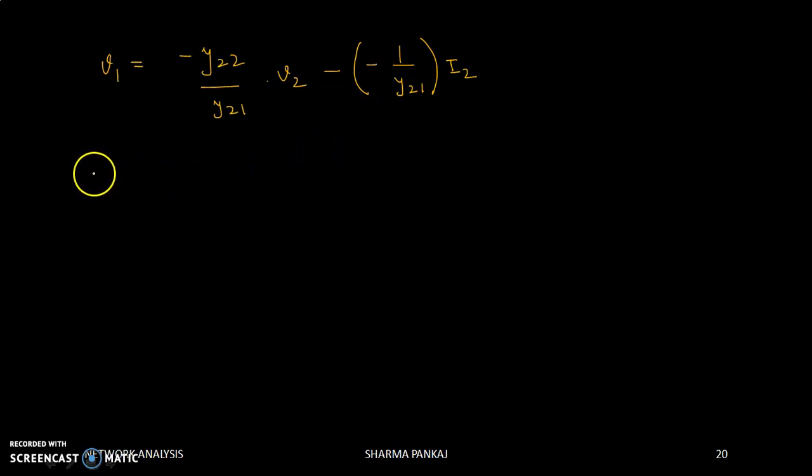This is quality question number 5. And we have another equation from Y parameter, I1 is equal to Y11 V1 plus Y12 V2.